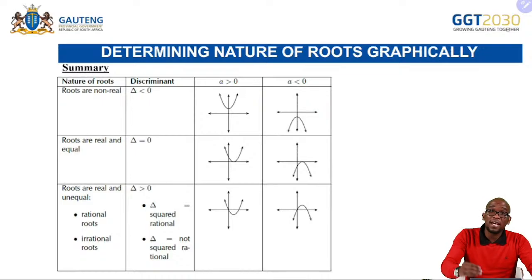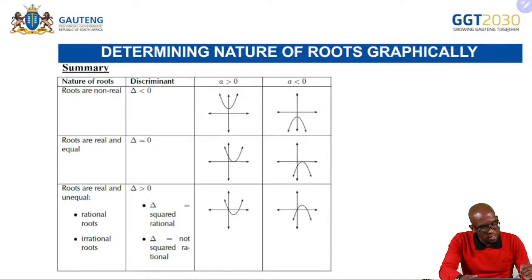This can also be extended to trigonometric functions. You can determine the nature of the roots there, as long as you understand the fundamentals of determining the nature of the roots. Now, it starts with the parabola, because with the parabola, we have the discriminant that assists us with the nature of roots, and it's easier to determine nature of roots if you have parabolic functions.